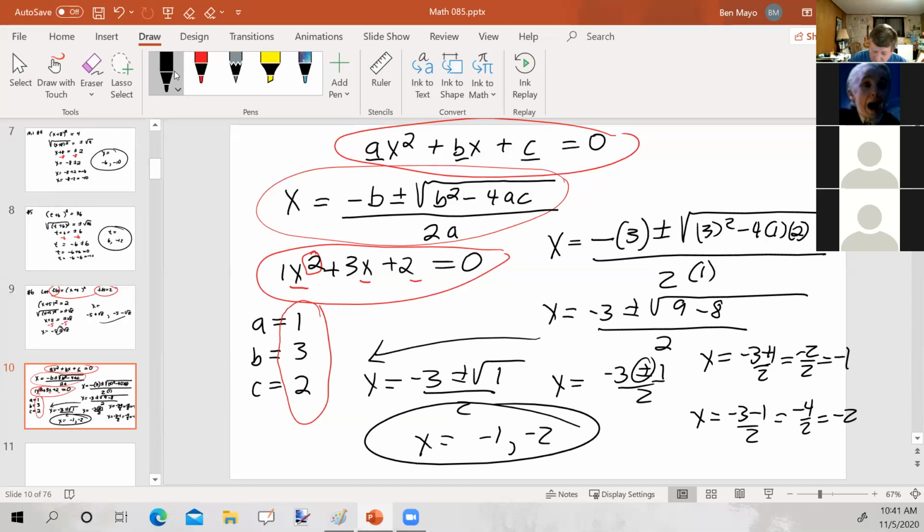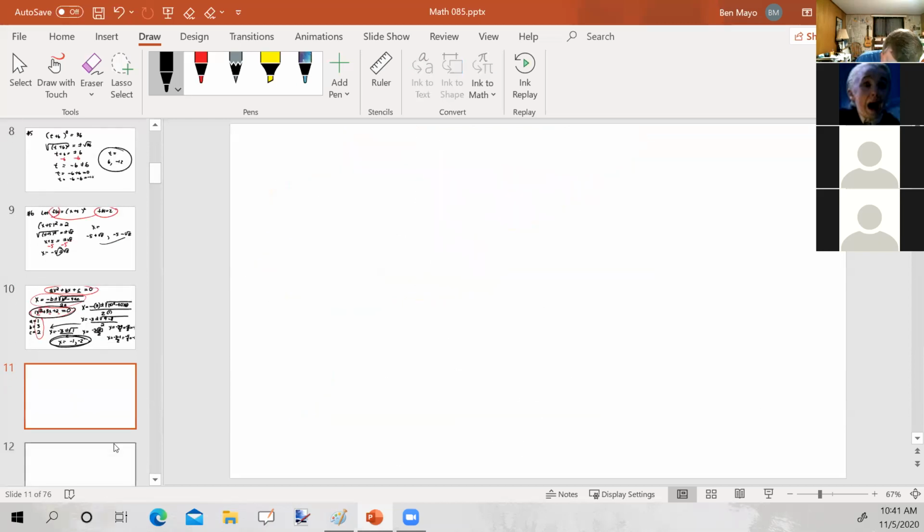Any questions about that? I'm going to go back and take these two answers and plug them into the equation to check my work. So I'm going to go to the next page. X squared plus 3x plus 2 equals 0. And we said that x is -1, -2.